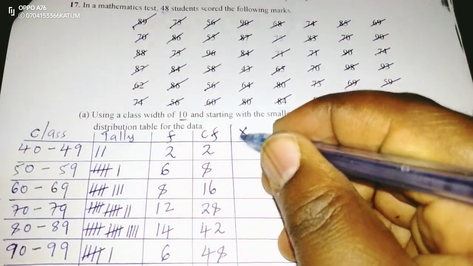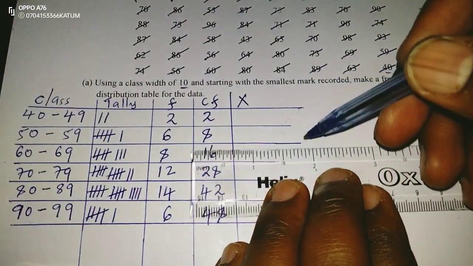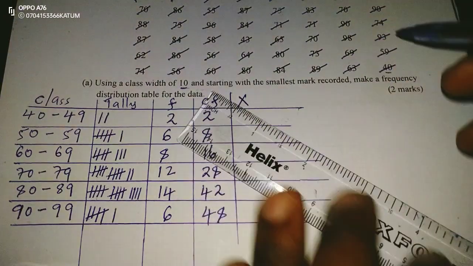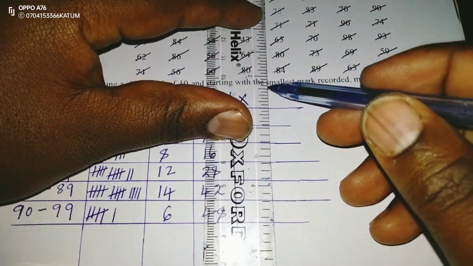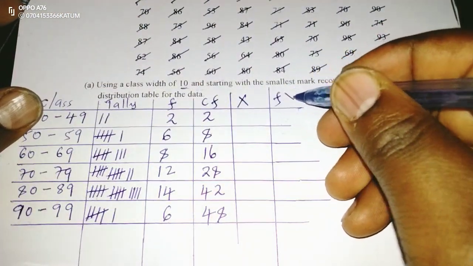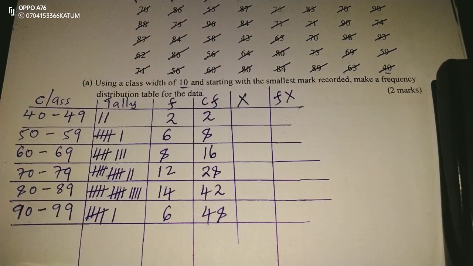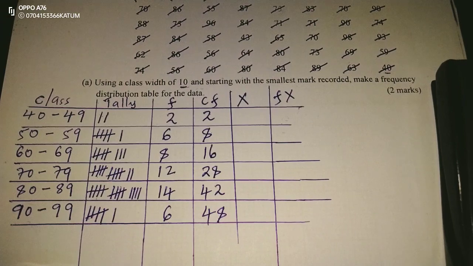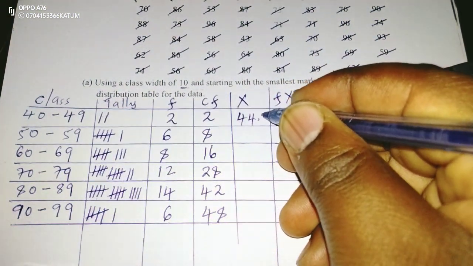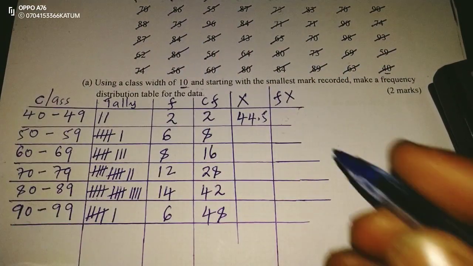So we can get midpoint x for every class, so that at the same time I obtain what we call frequency times each midpoint. Therefore, 40 and 49, then I divide by 2. This gives me 44.5. Now I have to multiply this with a frequency of 2. This gives me 89.